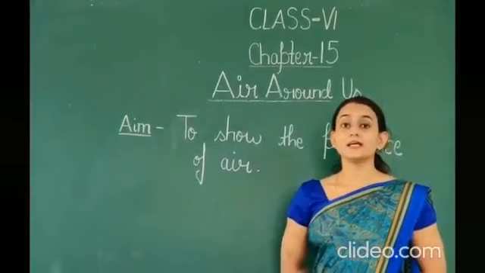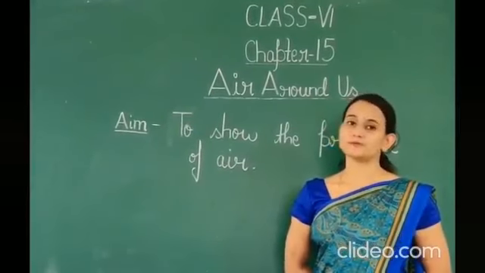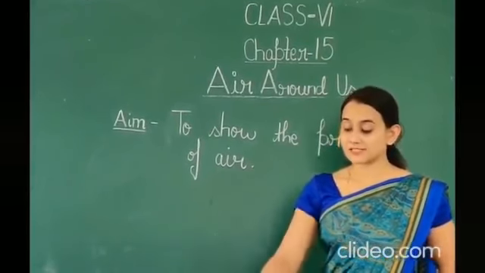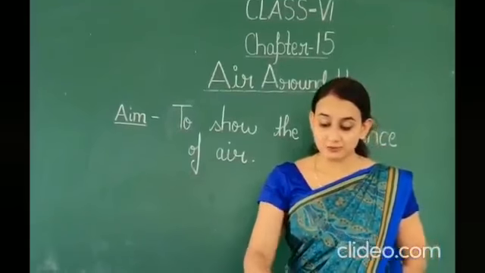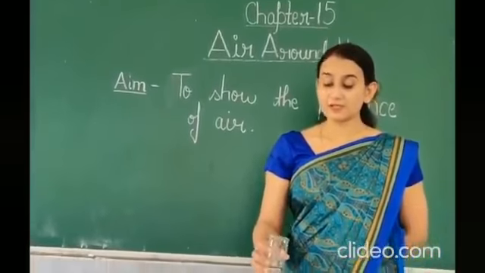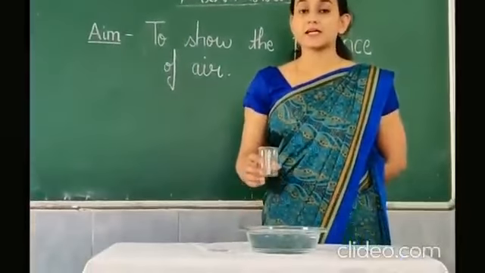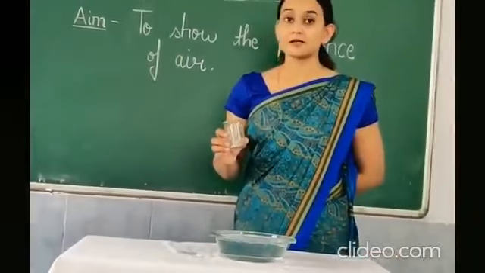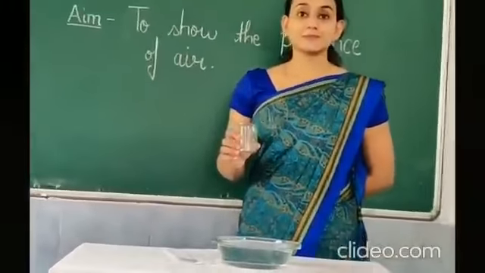Dear students, now what have you observed? Children, you all have seen when we dipped this beaker inside this bowl filled with water, there were no bubbles, right? It was because there was something inside this beaker. Now what was it?